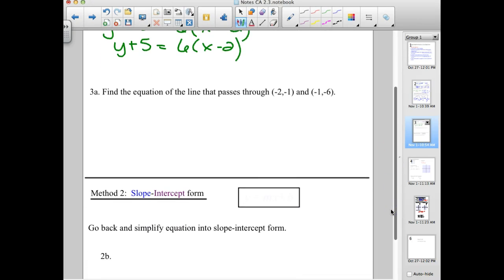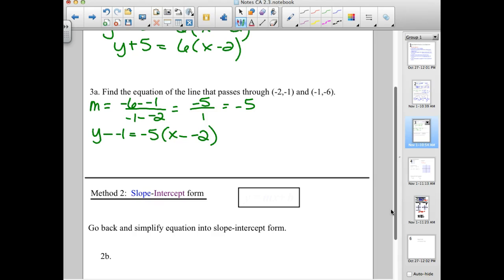All right, let's check. m equals change in y over change in x. Did you get a slope of -5? Okay. Does it matter which point you use? No. So if I use the first point, I would have the equation y minus -1 equals -5 times x minus -2.